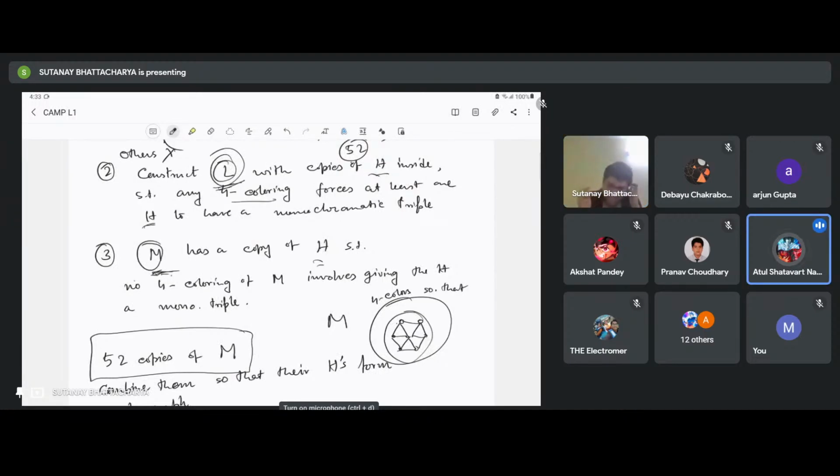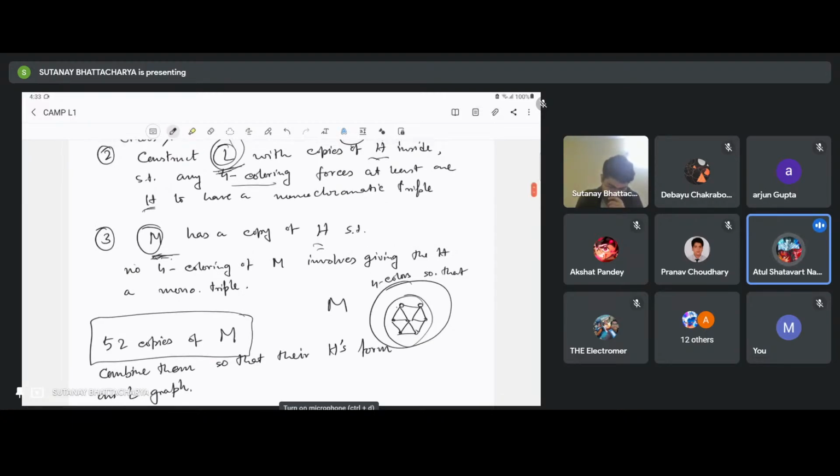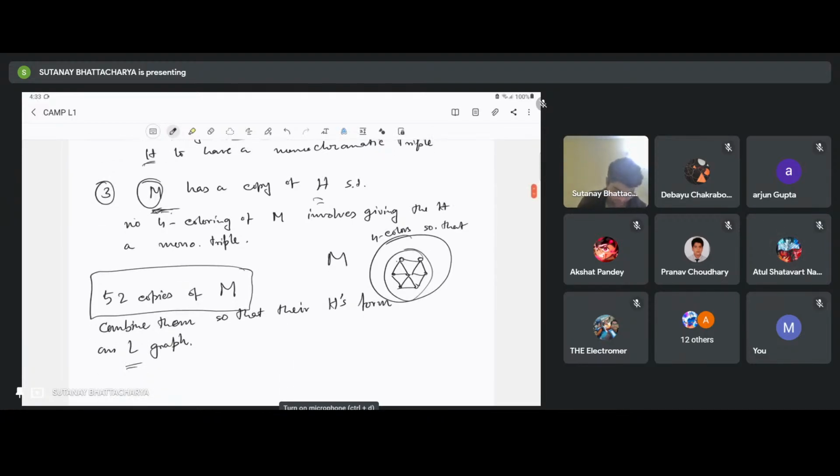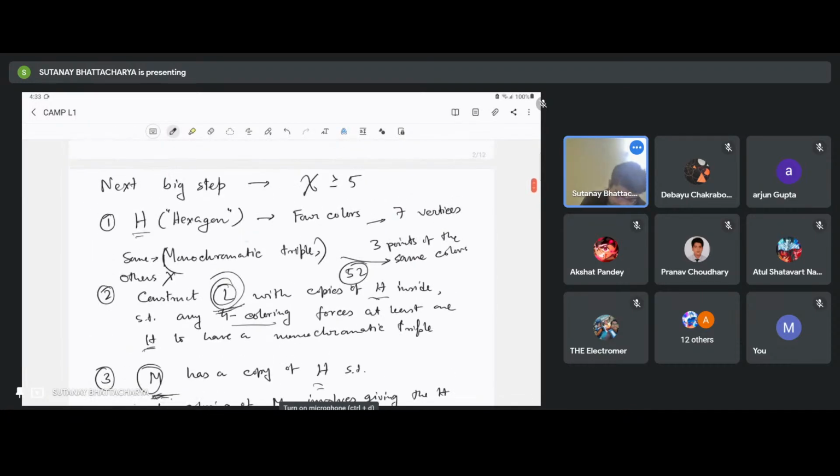Because by definition, 52 copies of M forms L, which is supposed to have at least one monochromatic hexagon. Exactly. But by definition, M does not have any monochromatic hexagon. Yes, correct. Any hexagon with a monochromatic triple in it. Yes, that is exactly correct. Now, this part is easy. Step 1, where we look at the colorings of the hexagon, is relatively easy.